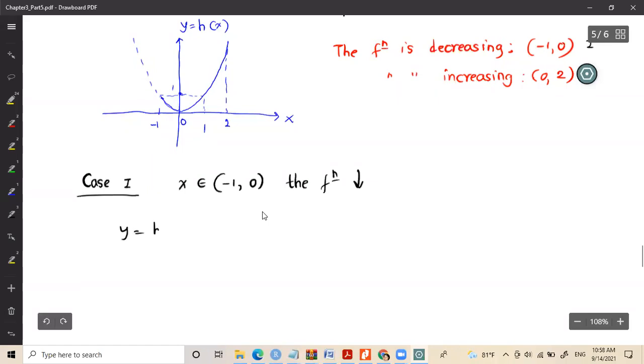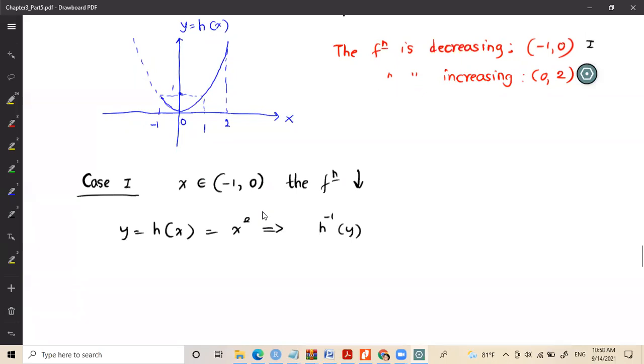So y equals h(x), x square. So what is our inverse function? This will be the square root of y. In the decreasing side, and you know, when you take the square root, you always consider positive and negative, right? If you have to find the square root of 25, you write plus or minus 5, because plus 5 square is also 25 and -5 square is also 25.